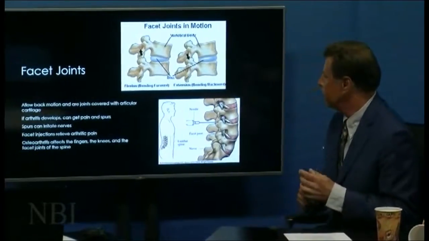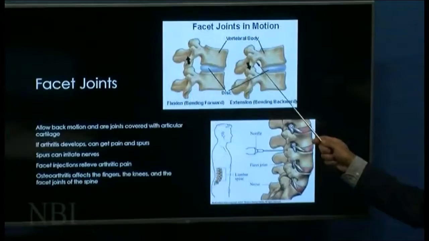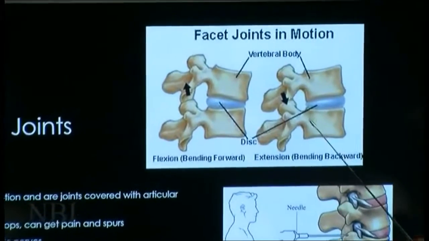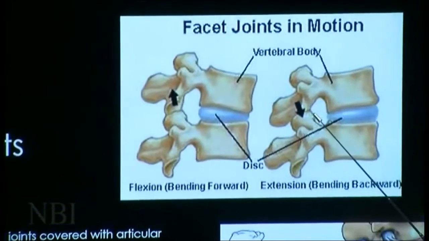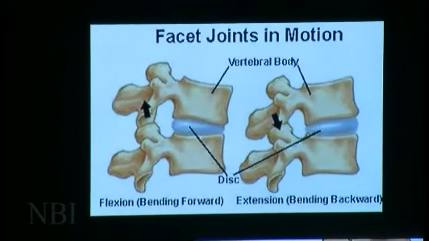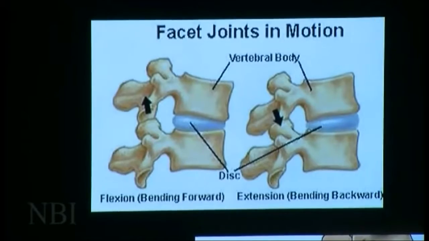The facet joints, as we explained, are really articular cartilage. They are joints where the vertebral bodies join, and these joints are composed of articular cartilage. In our body, whenever you have joints, they are for the most part covered with articular cartilage.